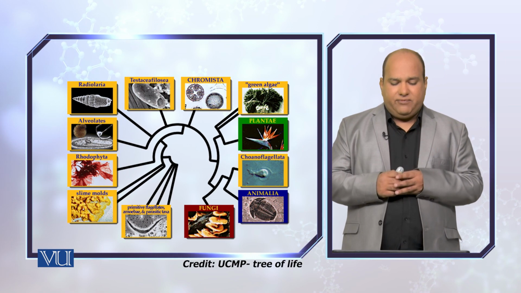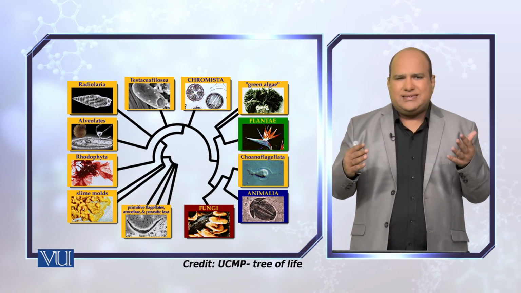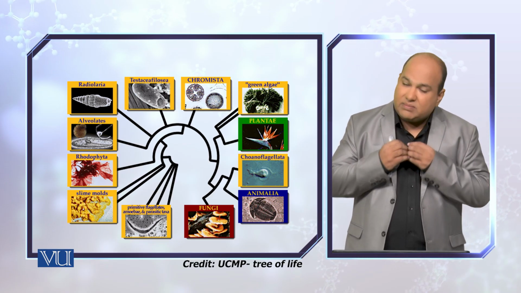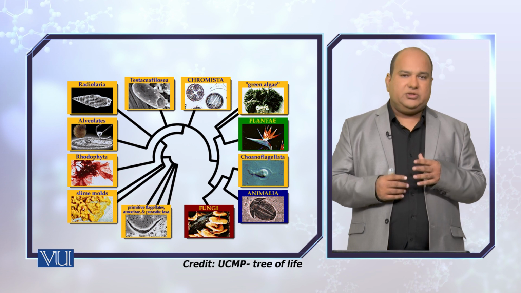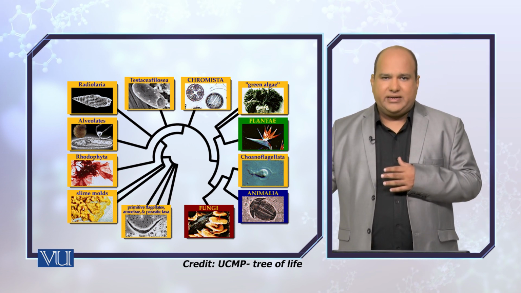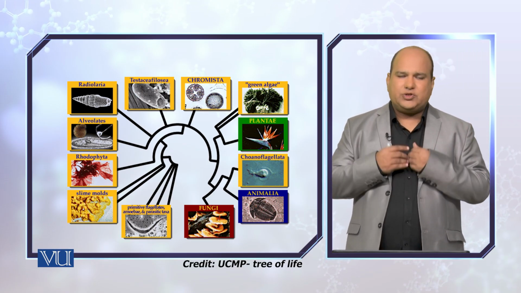If we see the living things around us, we see absolute diversity and absolute complexity in eukaryotes. You see insects, vertebrates, mammals, echinoderms, and so on and so forth.